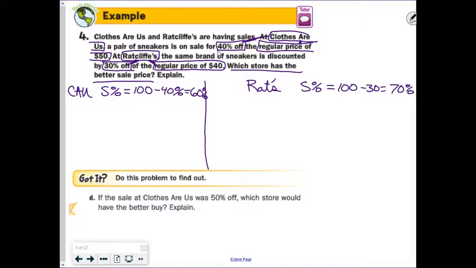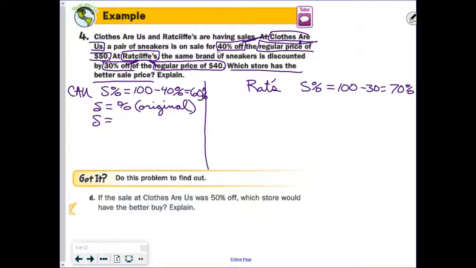Because we are given the original amounts for both of these stores, we are actually going to use the percent equation. So sale price is going to equal the percent times the original cost on both of these problems. So for Clothes R Us, it's going to be 60%.